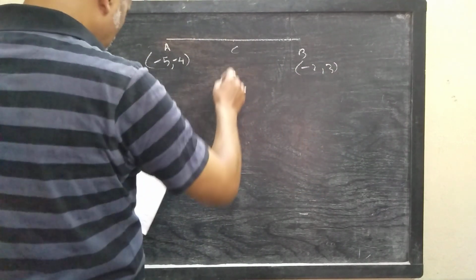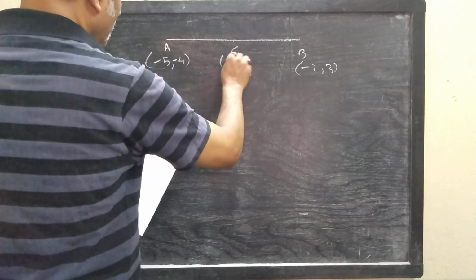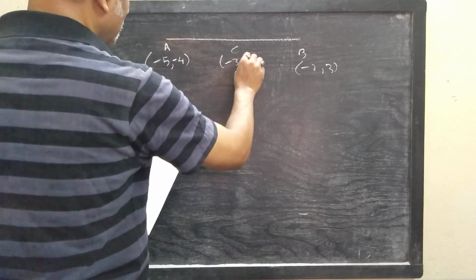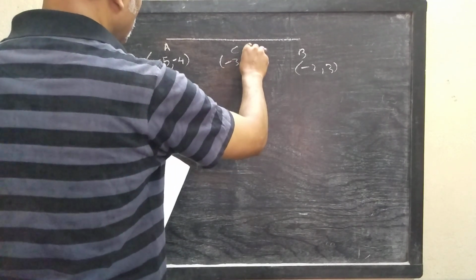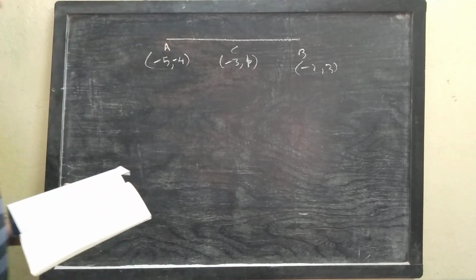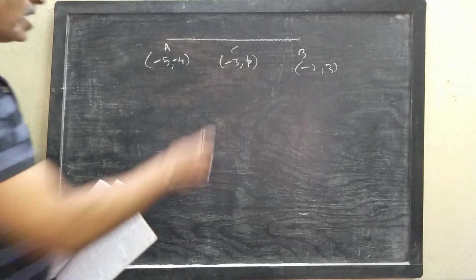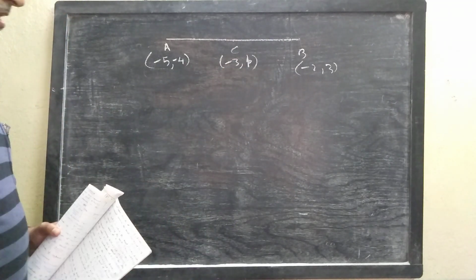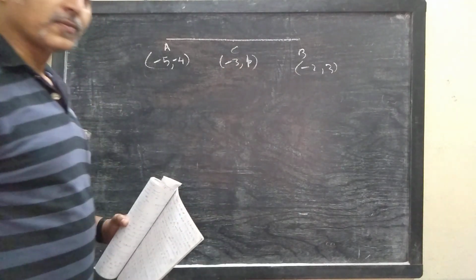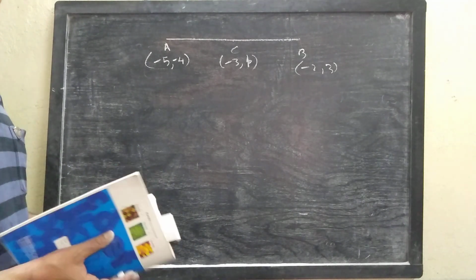A third point C is given in this way. Its abscissa is known, minus 3, but the ordinate is not known. It is given to be P. First they have asked in what ratio C divides AB. Second they have asked the value of P. You have to answer both the questions.